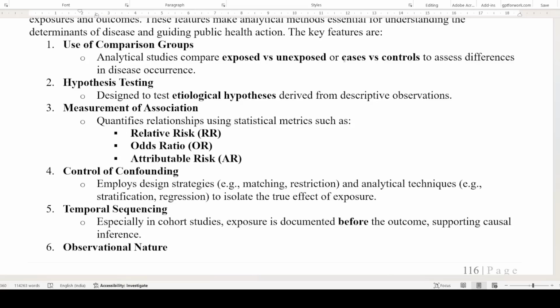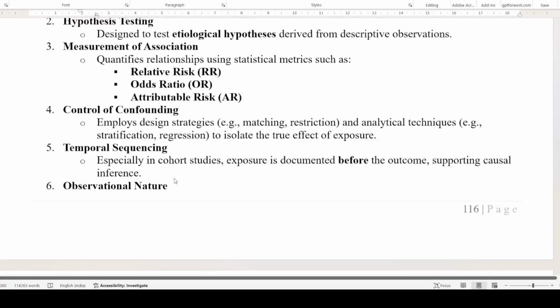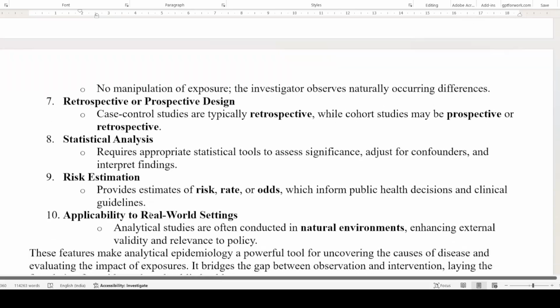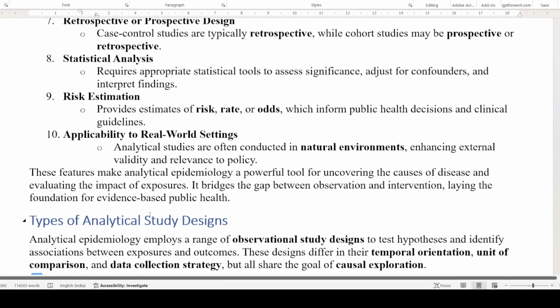Then we have sequencing, the observational nature of this method, retrospective or prospective design, statistical analysis, risk estimation, and applicability to real world settings. These features make analytical epidemiology a powerful tool for uncovering the cause of disease and evaluating the impact of exposures.